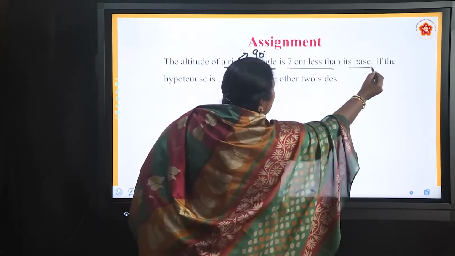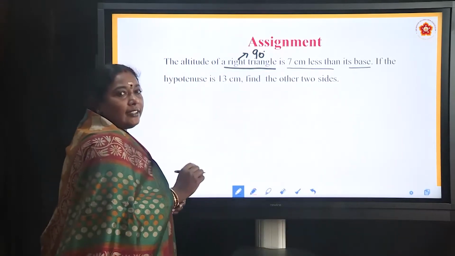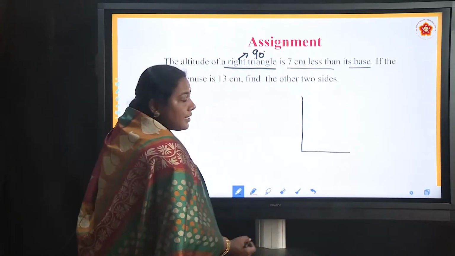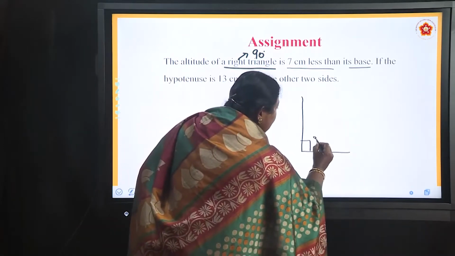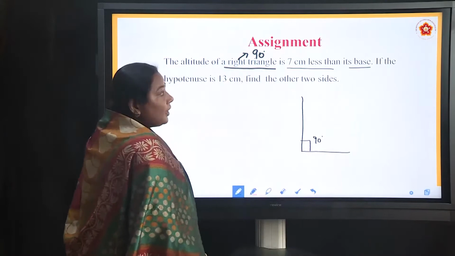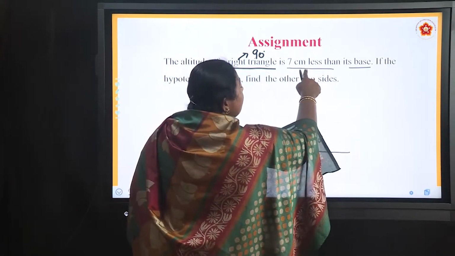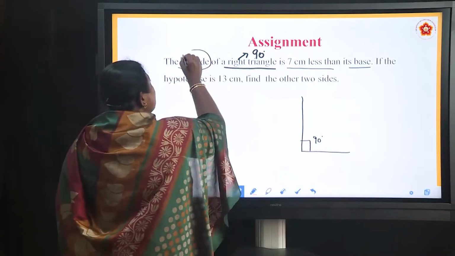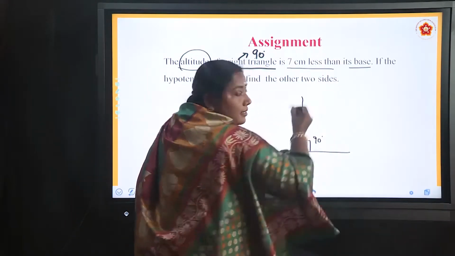Next, they have given 7 centimeter less than its base. So, how will a right triangle be? An altitude and a base, and one angle will be 90 degrees, right? Now, they have given 7 centimeter less than its base. That means its altitude depends on the base.